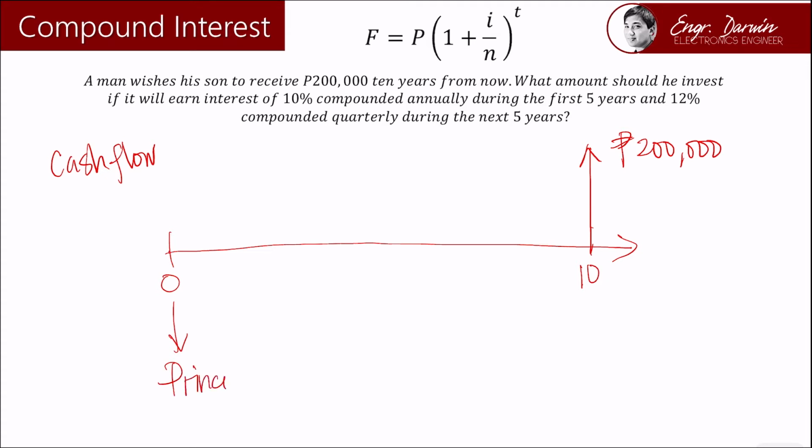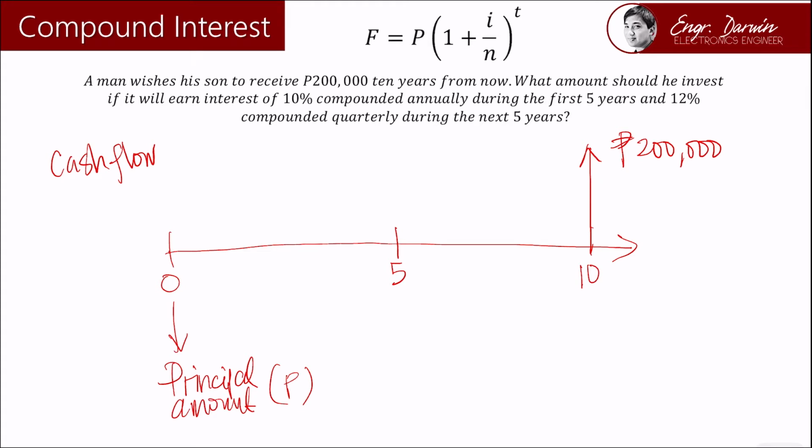So this is what you call the principal amount. And this is what we are looking for. In the problem, we are given that the first 5 years is invested on an interest rate with 10% compounded annually. So let's divide this cash flow diagram by 2.